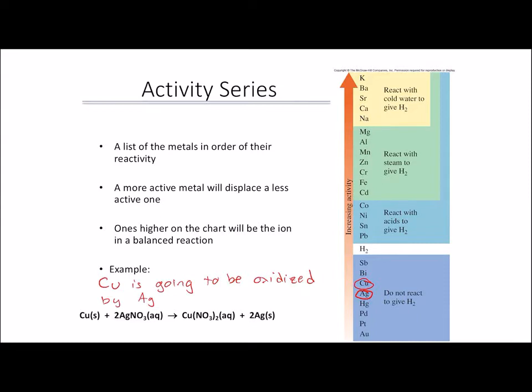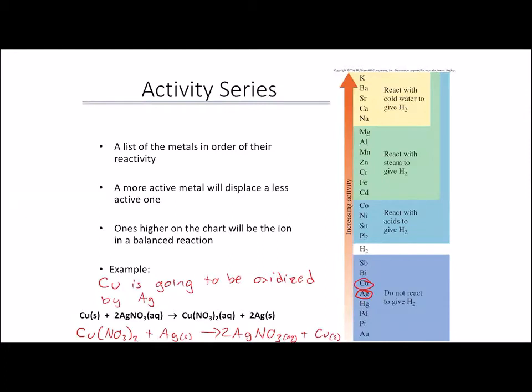And so if we look at the reverse reaction, let's say we have copper nitrate reacting with silver metal to give us silver nitrate plus copper.